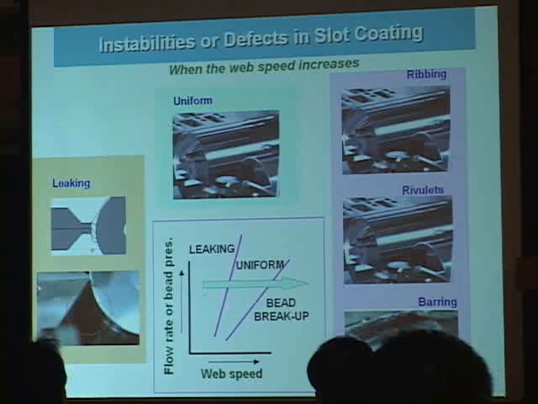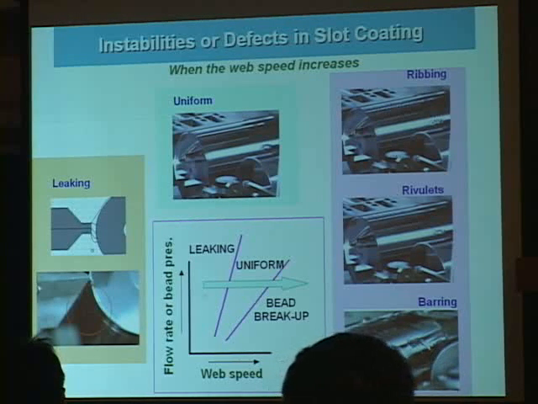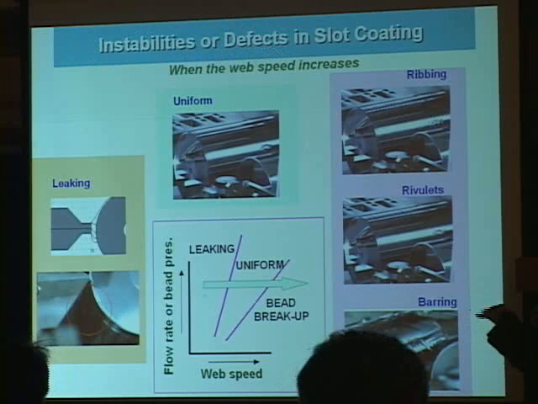The second is to optimally design the die lips near the coating bead region for uniform coating. Also, the coating liquid is uniformly distributed from the die exit. The coating flow can be unstable under specific conditions, depending on the process conditions. This slide shows some instabilities or defects occurring in the coating flow.